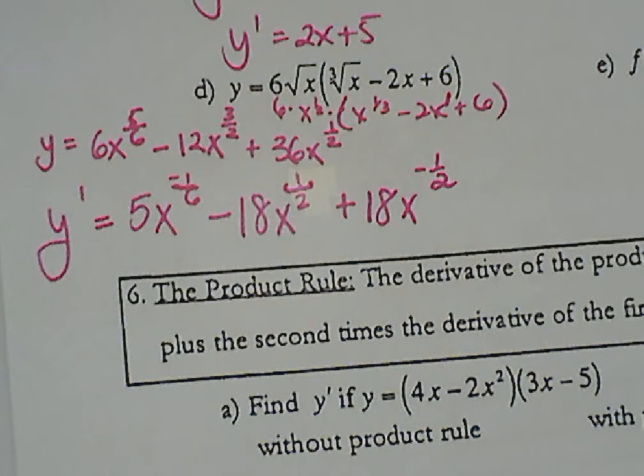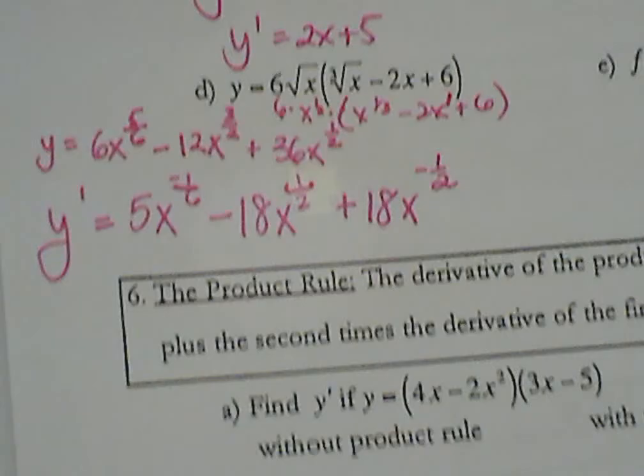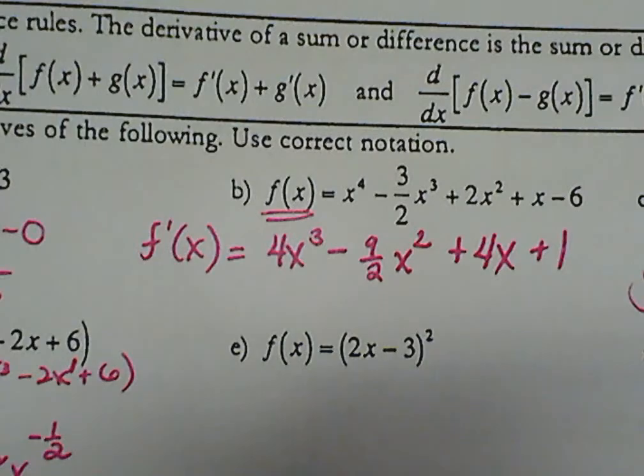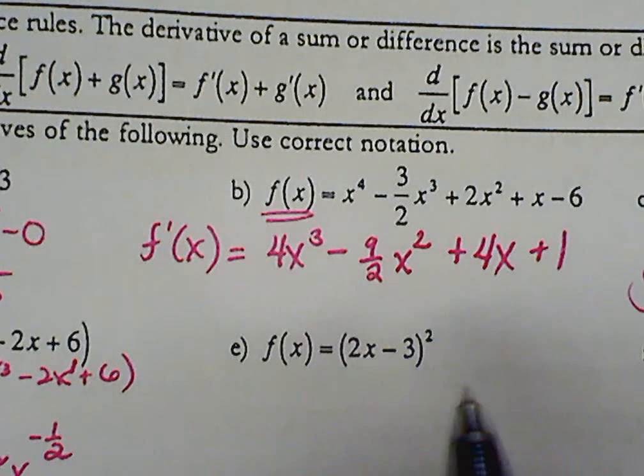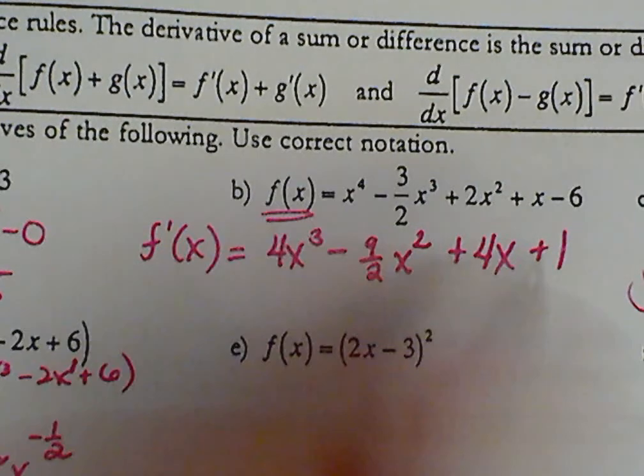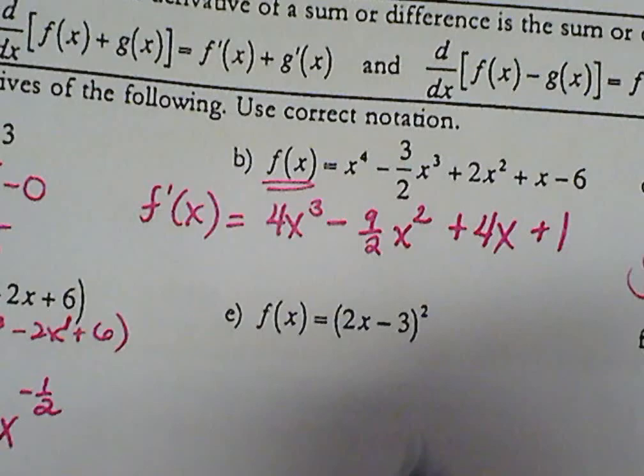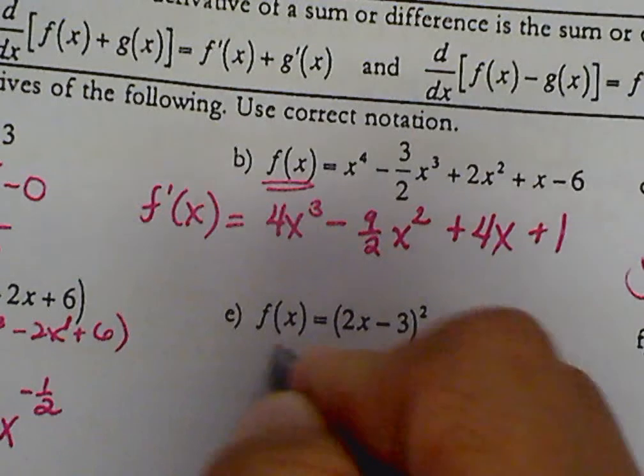No. That's a good question. 4x squared. Arlene said, can't you just bring it to the front? We will learn something that will help us do something like that. We'll learn another shortcut, but for now, all you know is the sum and difference rule, the constant rule, the power rule and the constant multiple rule. So with the rules that we know, the only thing we can do is first expand this, right?